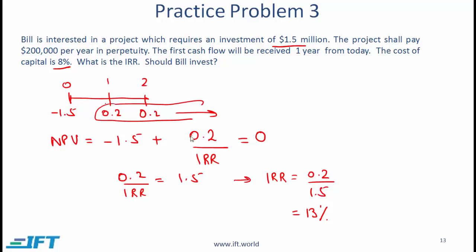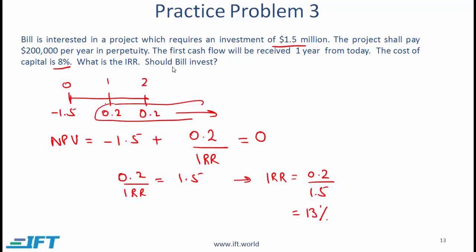So the present value of 0.2 divided by rate is at time 0. The NPV therefore is minus 1.5 plus the present value of the perpetuity, and the IRR is the rate, which essentially makes NPV equal to 0. You do some basic algebra and end up with IRR equal to 13%.